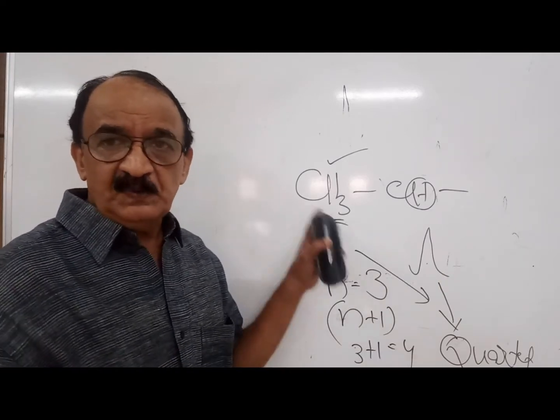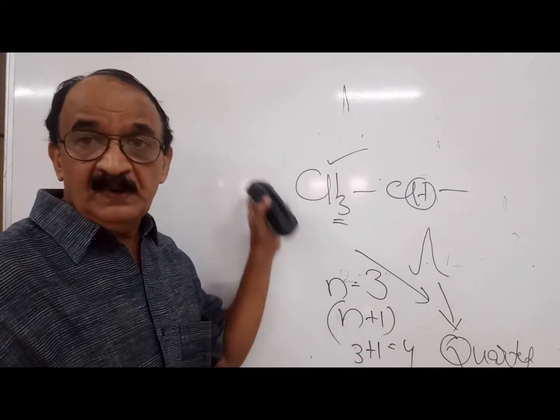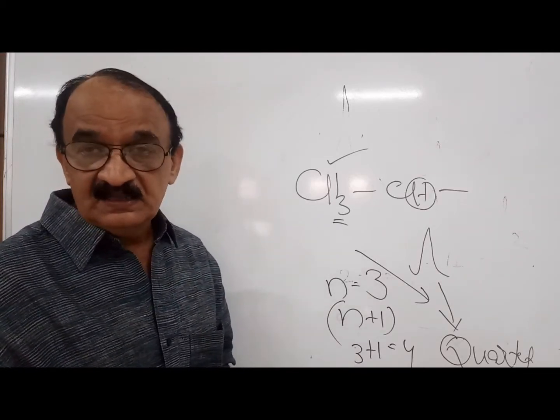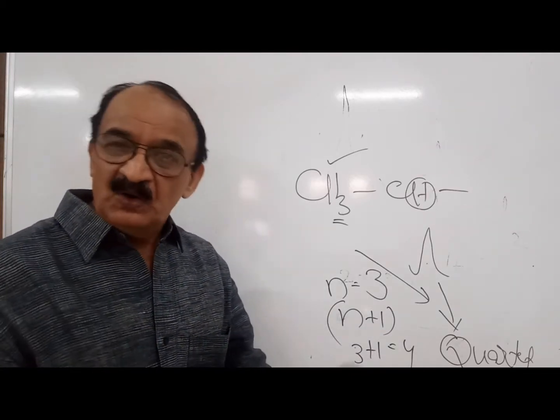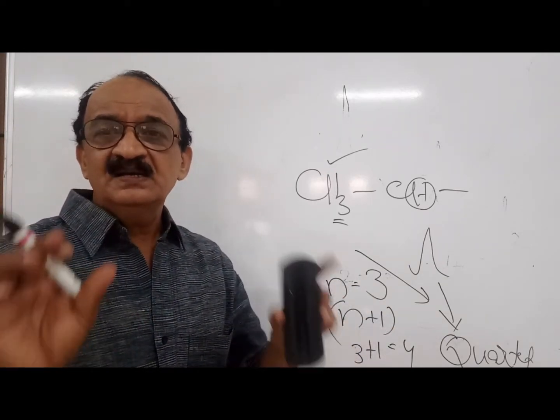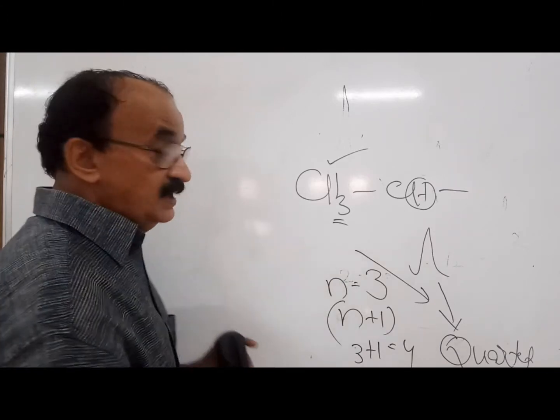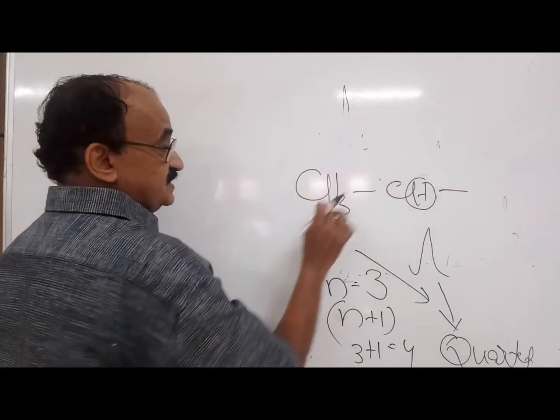The interaction between the spin magnetic moments of the neighboring protons with the magnetic moment of the applied magnetic field is known as spin-spin interaction. Or in a simple way, we can say it is the coupling between the magnetic moments of the neighboring protons. Now consider the signal of these 3 protons.